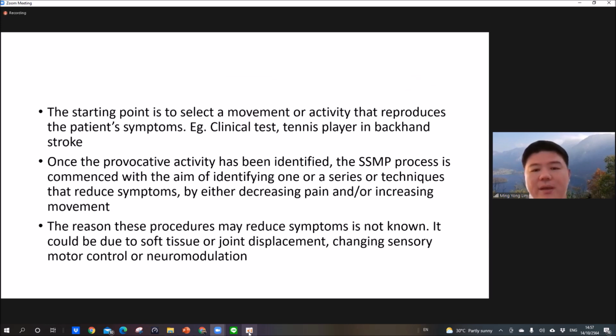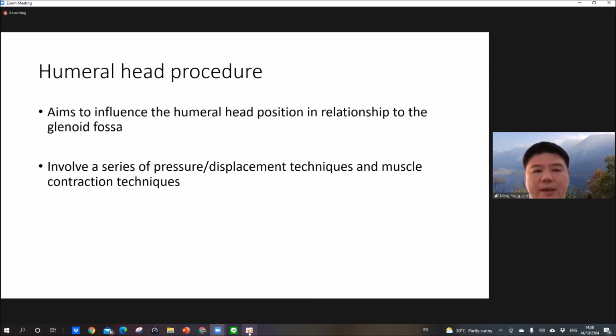Okay, so the starting point is to ask the patient to do a movement that will reproduce the pain. Once the provocative activity has been identified, the SSMP process is commenced. The reason these procedures reduce the symptom is actually not known. The first, the humeral head procedure, aims to influence the humeral head position. It involves a series of pressure, push, or muscle contraction techniques.